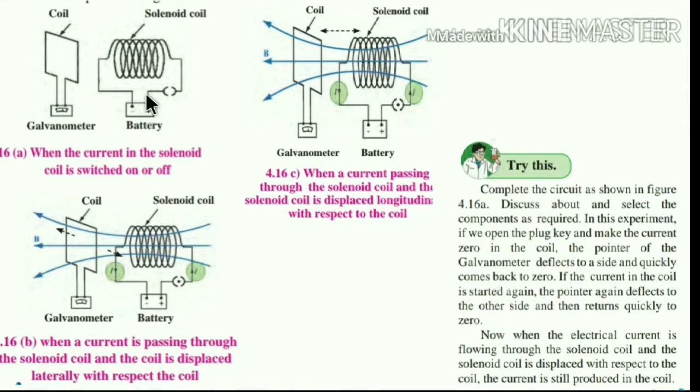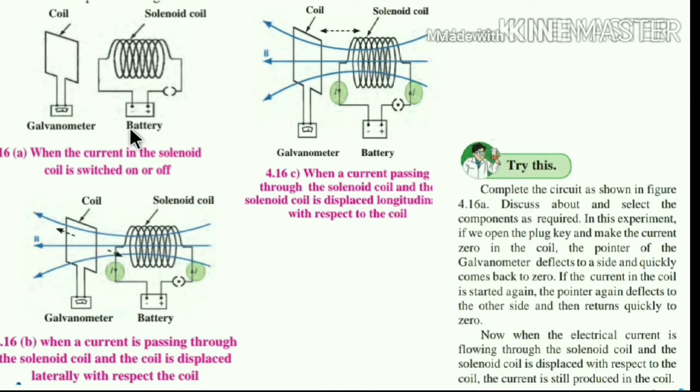When current is passing through the solenoid coil, there is a deflection in the galvanometer. But when we switch off, when the plug key is open, there is no current in the solenoid coil and the pointer of the galvanometer comes to zero. If the current in the coil is started again, the pointer again deflects to the other side and then quickly returns to zero.